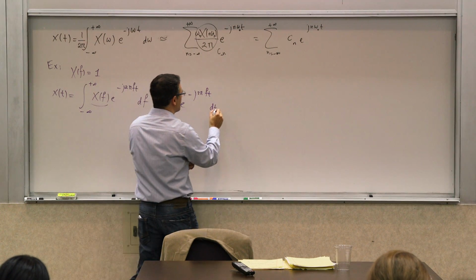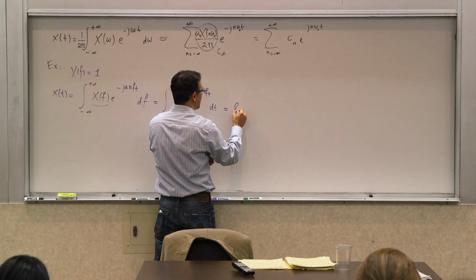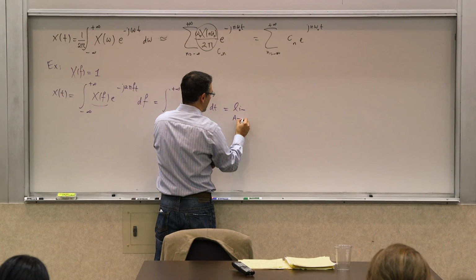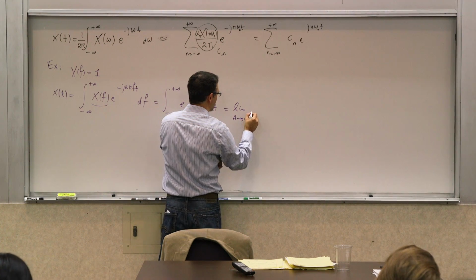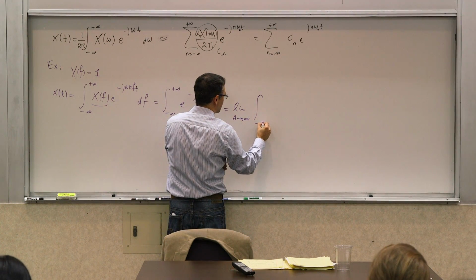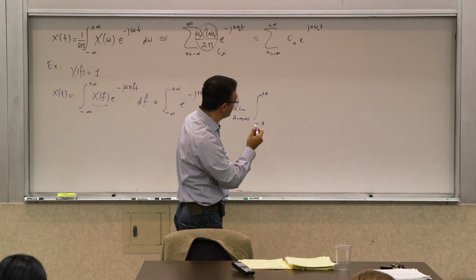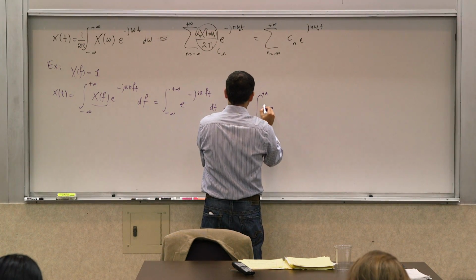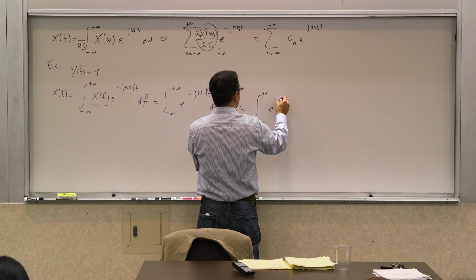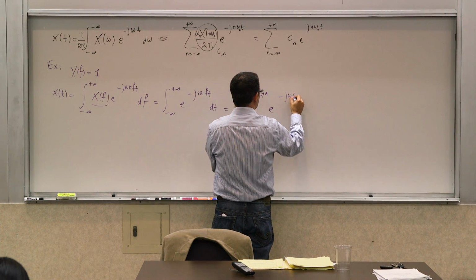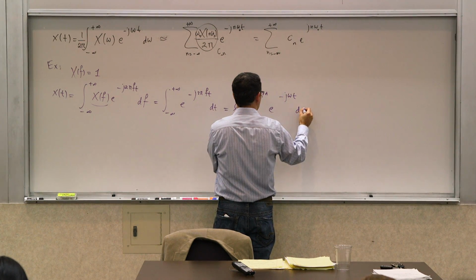Well, let's write it this way. Do you agree that I can write it as a finite integral from negative a to positive a of e to the negative j omega t d omega?